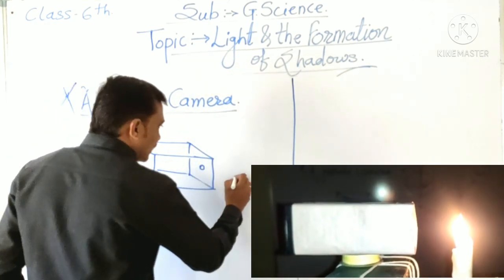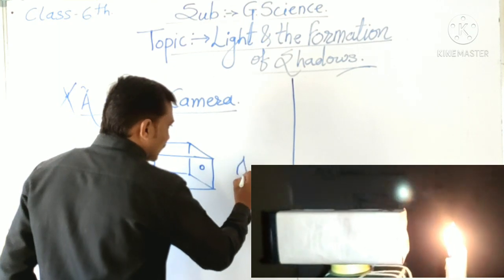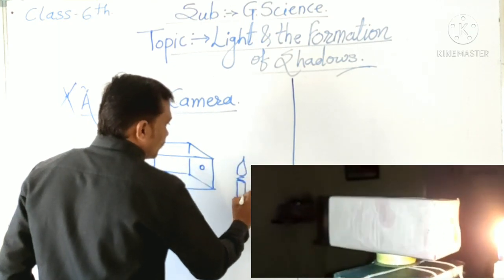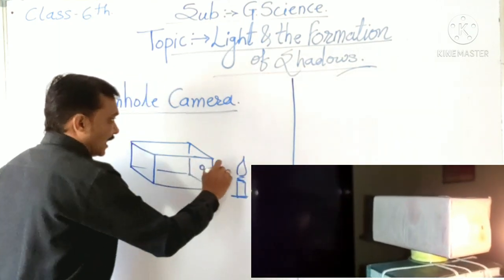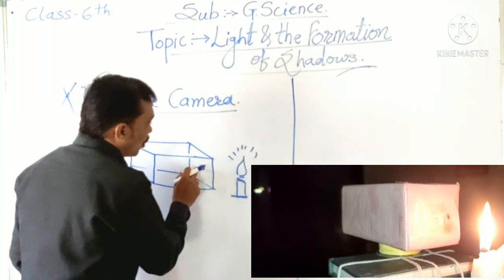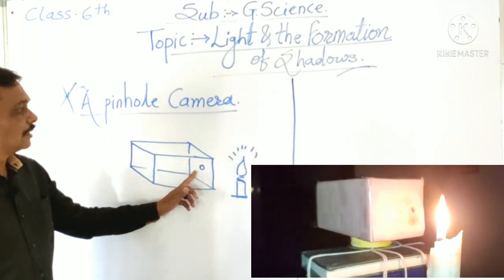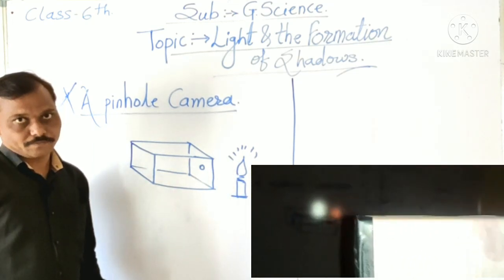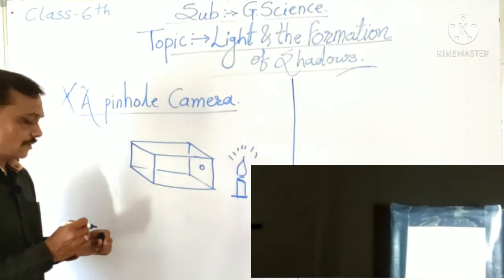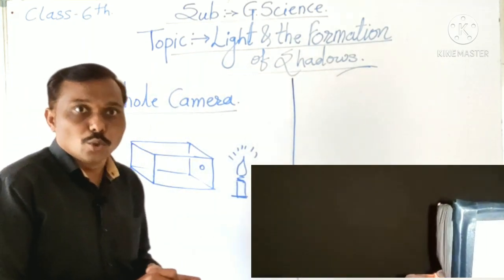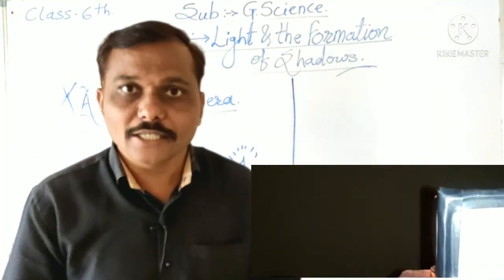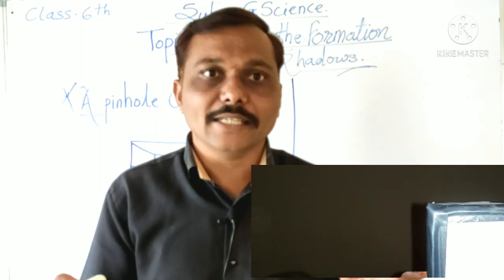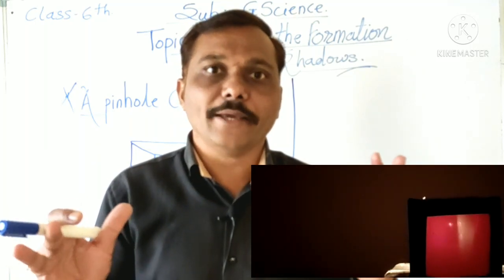Then light a candle and put the pinhole in front of the flame of the candle. Then look at practically how we can see a flame on the diaphragm. So let's watch.